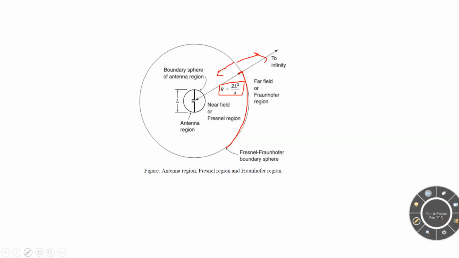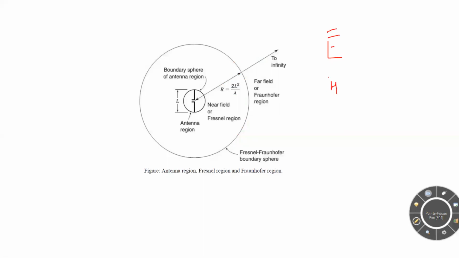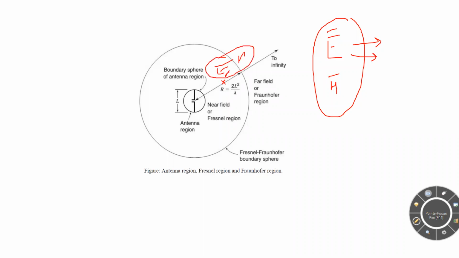Why we are discussing this part is because we come across a few concepts when we are identifying the field parameters, that is, the electric field and the magnetic field. We need to identify these fields. When we consider the observation point, based on that, I have near field and far field components. If the observation is in the near field and we obtain the parameters for E and H, these will reflect the near field parameters.